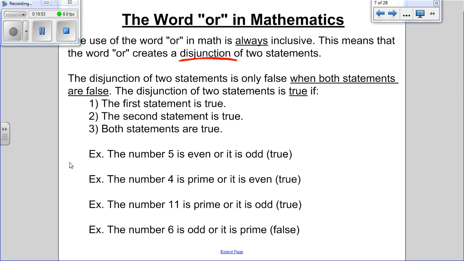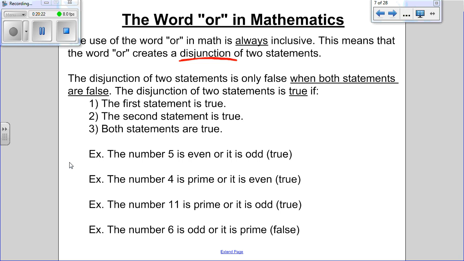Here, we have some things that explain when an overall disjunction is true. So when you have 2 statements linked with the word "or," if the first statement is true, then the overall thing will be true. If just the second statement is true, the overall thing will still be true. And if both statements are true, then the overall thing is true as well. There's some examples here.